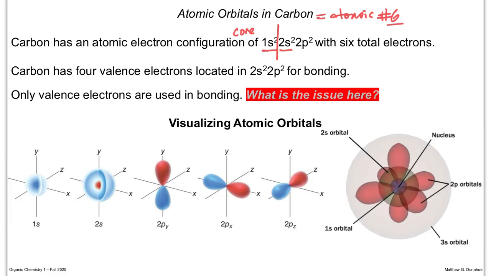And orbitals in general are weird. I can look at a picture and say I kind of understand that, but I kind of don't as well. So this is from a textbook. Whether it's yours or not, I do not know. I don't remember. So the nucleus is in here. The little blue thing here, that's the 1s orbital, that's a sphere. Then the 2s orbital is this greenish looking thing, and then the 3s, those are the spheres.